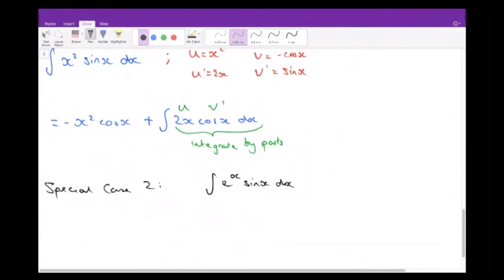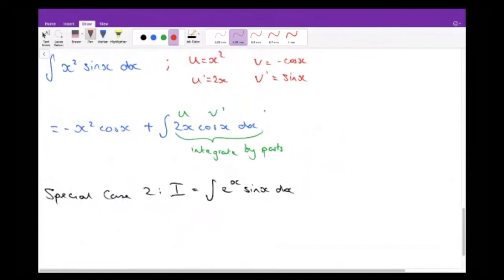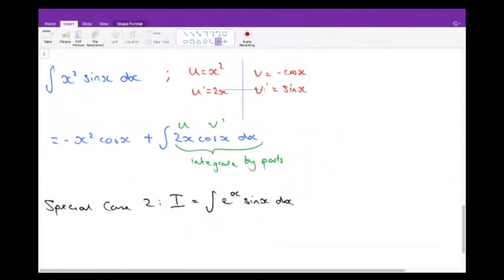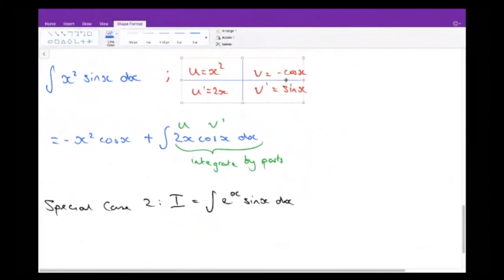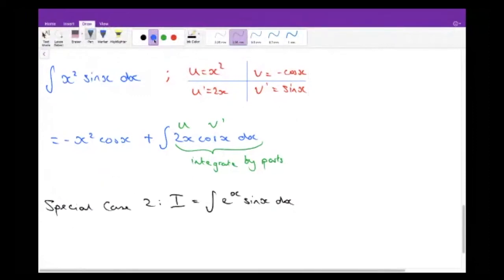Now, if you ever see an exponential and a trig combined, we start by writing that the value of this answer is what we call I. Using our LIATE, we can see that u is equal to our trig function, because that comes before exponential. So u is sine x, v dash is equal to e to the x.